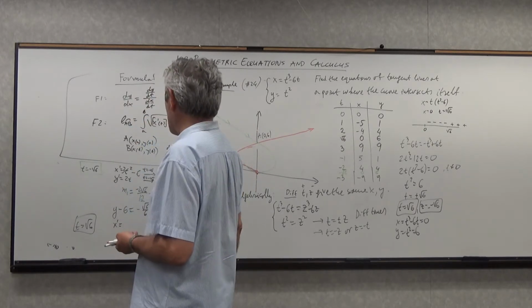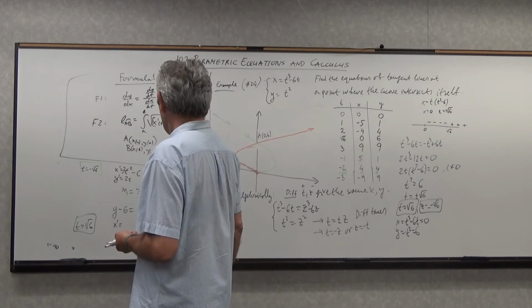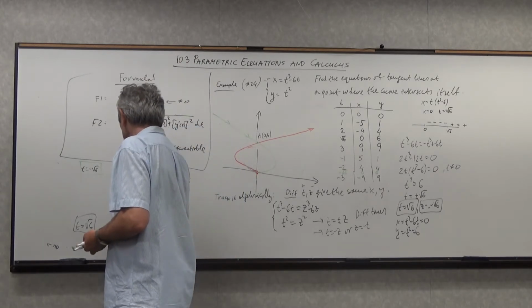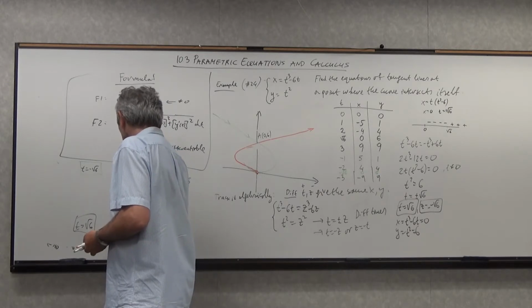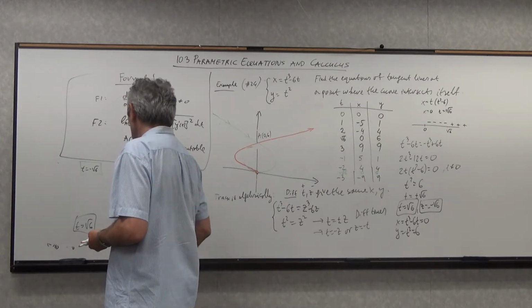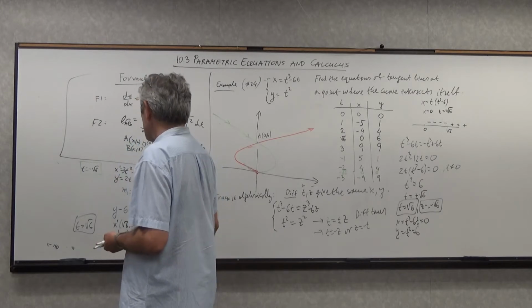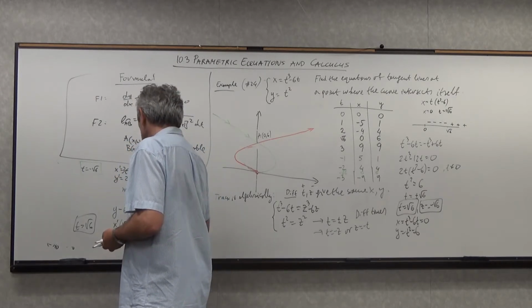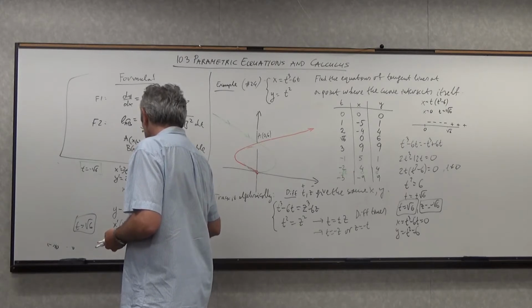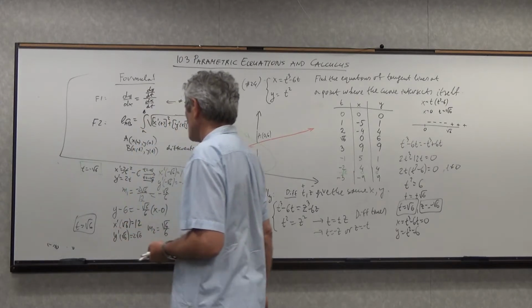X prime of root 6 is 12 again, but y prime of root 6 would now be 2 root 6. So m2 is positive root 6 over 6.